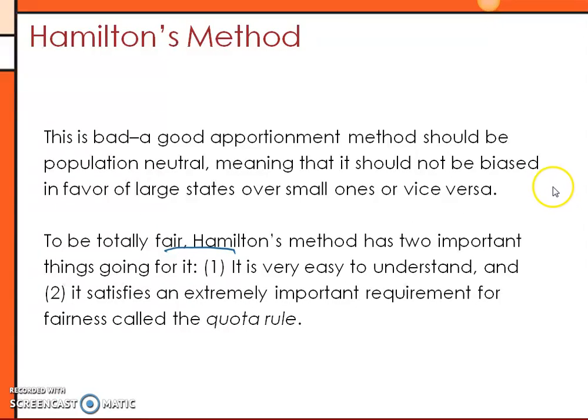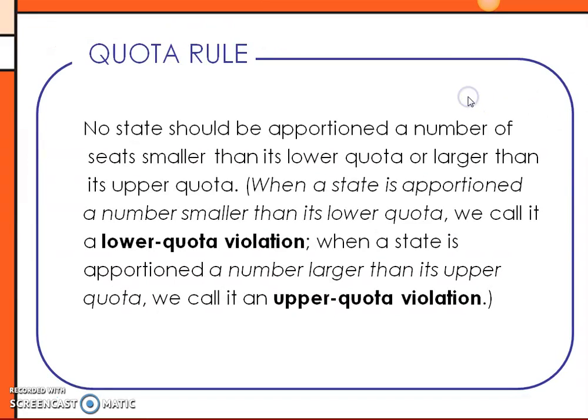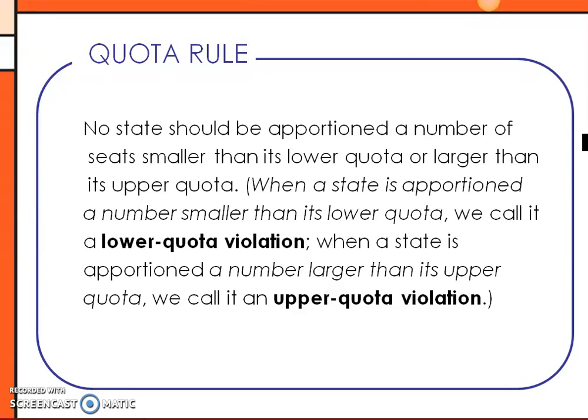And one other thing this method has going for it is that it's easy to understand. You just give everybody their lower amount and then decide who gets the extras. And it also satisfies what's called the quota rule. So the quota rule says that no states should get lower than their lower quota or higher than their higher quota.